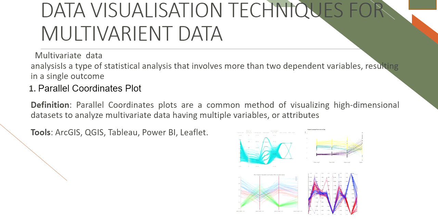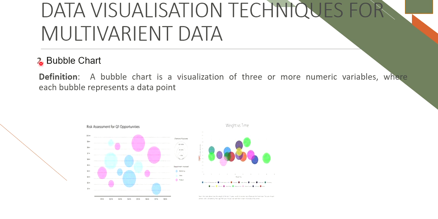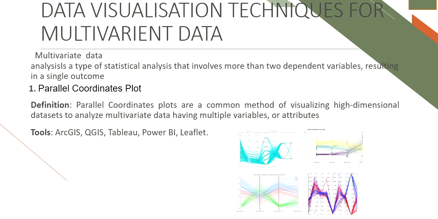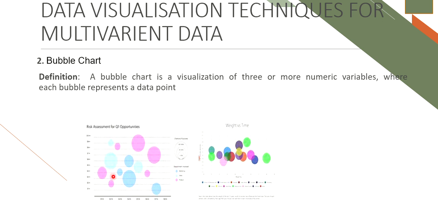Okay. So next, the second one is a bubble chart. A bubble chart is a visualization of three or more numeric values, similar to the previous one. In the previous one we had multivariate data as in the parallel coordinate system, where we represent in terms of lines. But in a bubble chart, as the name indicates, instead of lines we represent in terms of a bubble or a small circle.